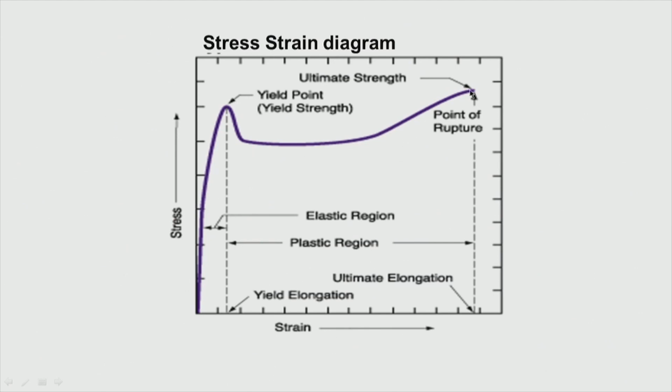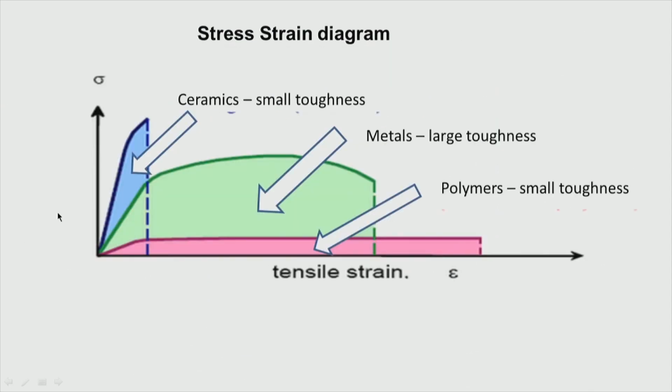So, metals will nicely exhibit this type of graph, the stress strain diagram. Again, same metals, polymers, ceramics. Ceramics of course do not have the plastic region, they have only a very small elastic region, and the modulus is very, very high.